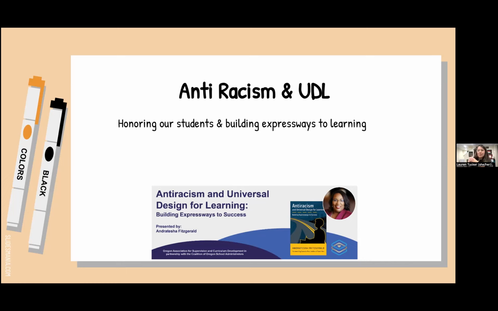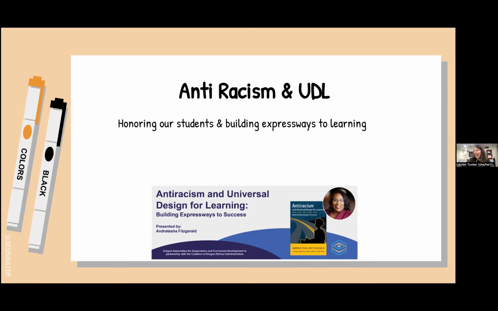It's very accessible. She has such a powerful writing style. It's very informal, but she really focuses on honoring our students and looking at what strengths they bring to our course, and then how we provide them opportunities to demonstrate those strengths within our classes. Her whole analogy throughout the book is the highway to learning: building expressways to learning and providing exit ramps when students need to go off and get additional support.